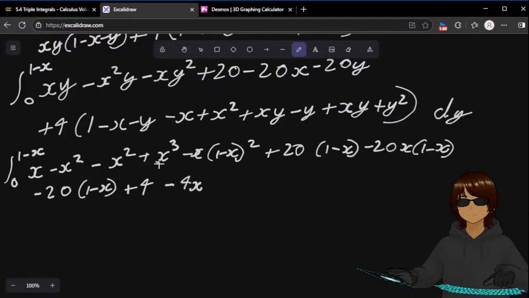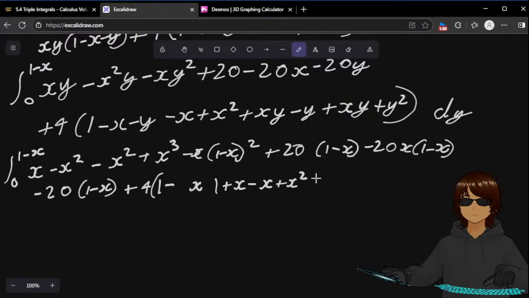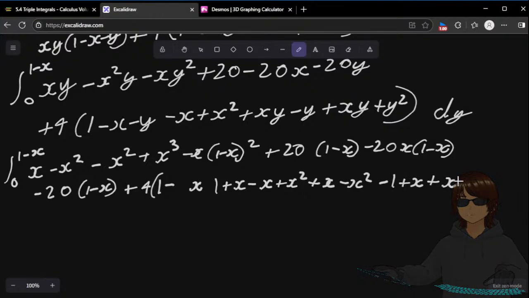I think it's not supposed to take this long, maybe. I should just keep the 4 outside. Minus x minus x minus 1 plus x squared plus x minus x squared minus 1 plus x, minus x squared.